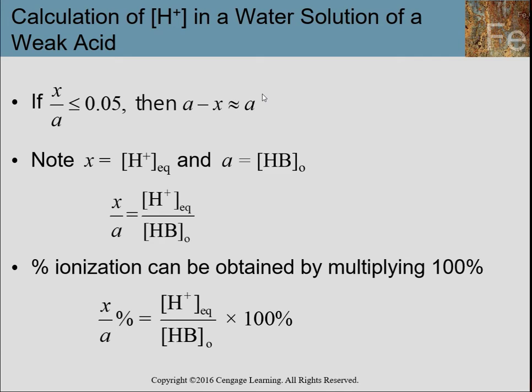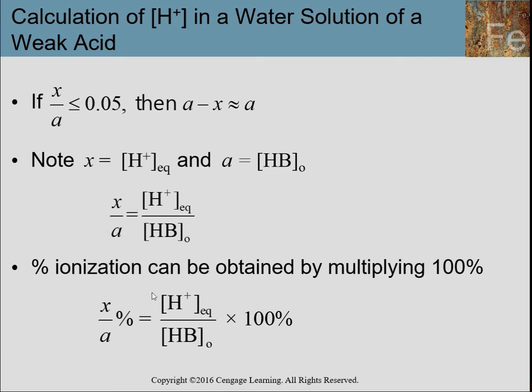Okay? It makes the calculation so much easier. So we have to figure out what the ratio is between the hydronium ion and the acid. And you're going to see in a little bit, we're going to take some liberties of assuming it's less than 5% and then checking to confirm that it really is.